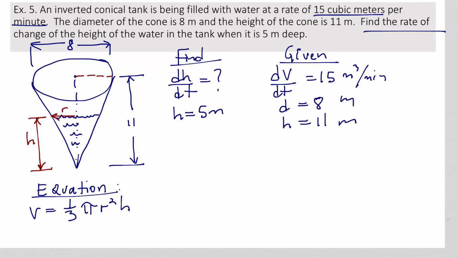So I can do that if I take a side view of my cone here along the midline, and this distance here would be 4, half of 8. Here's 4. The height is 11.